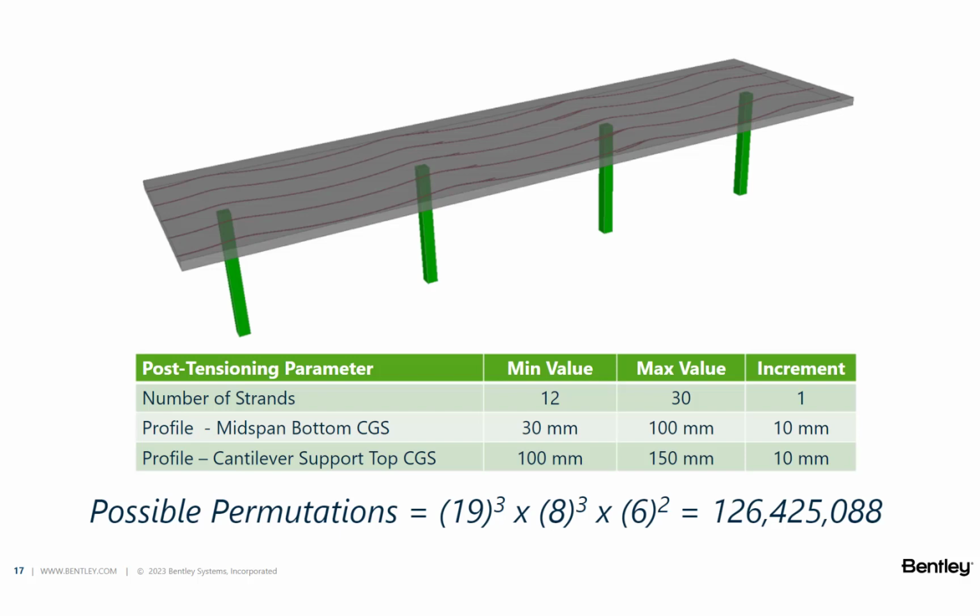So for this example, if we keep the tendon profile at the interior supports at their maximum elevation, respecting cover, and consider changes to the tendon quantity and tendon elevations at the other low point locations only, and then if you refer to the table there, use the value ranges that I've indicated with the increment values, we find that there are over 127 million permutations, even for this simple problem.